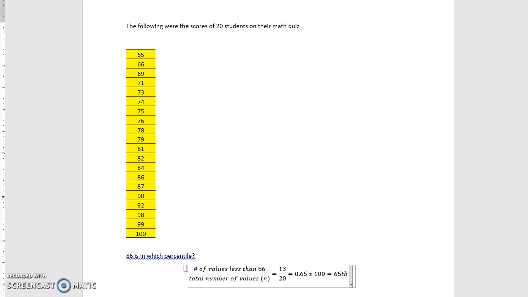So we would say that the value of 86, or we could say the score of 86, is in the 65th percentile. Remember, sometimes we use P and then 65. You might see it written like that as well.